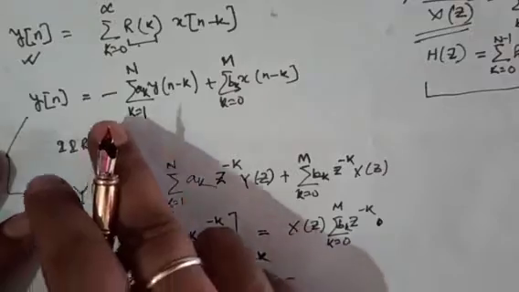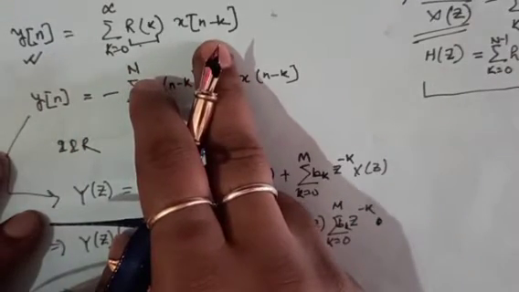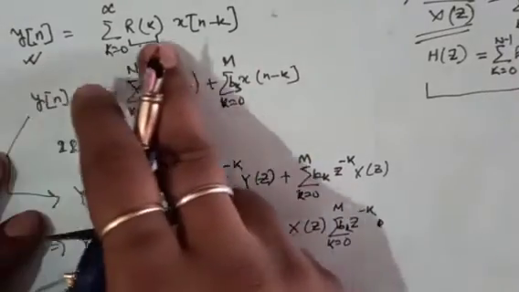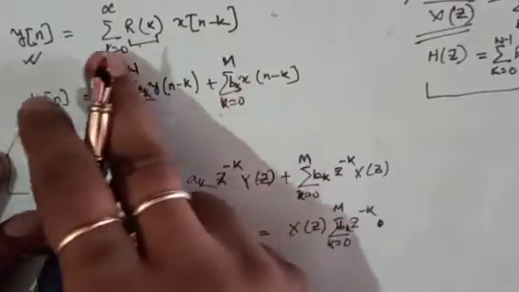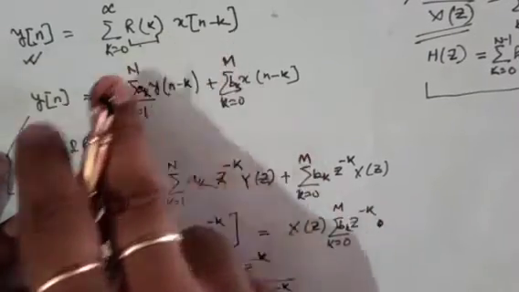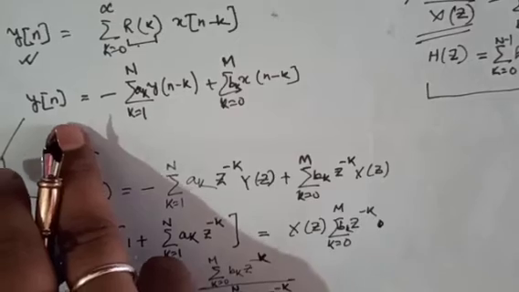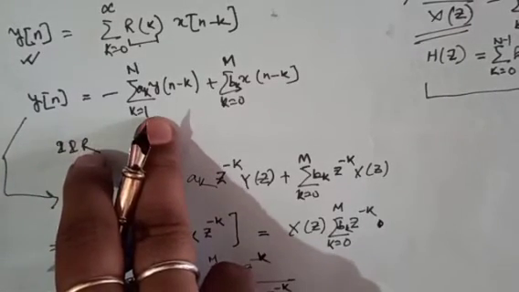So instead of going through the direct formulation of the convolution, that means the response of the LTI system due to any arbitrary input x of n, we rather go through the difference equation that characterizes the system.